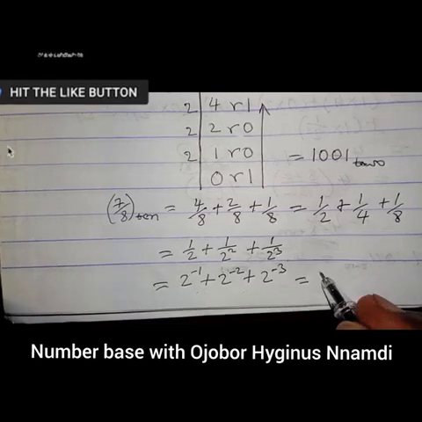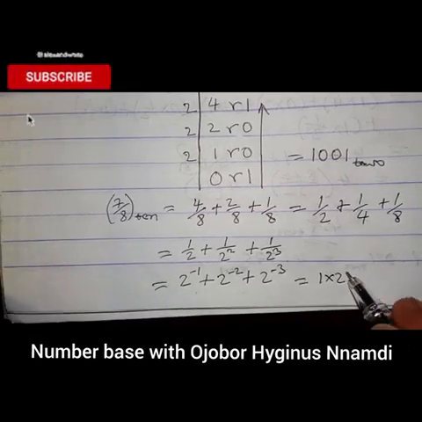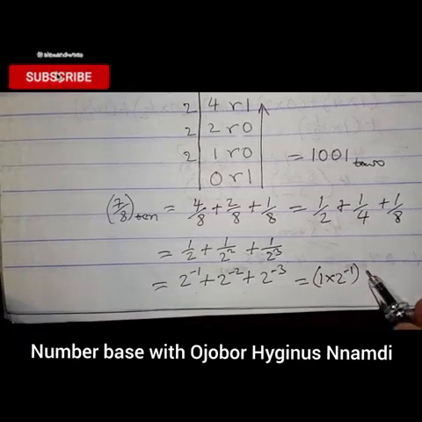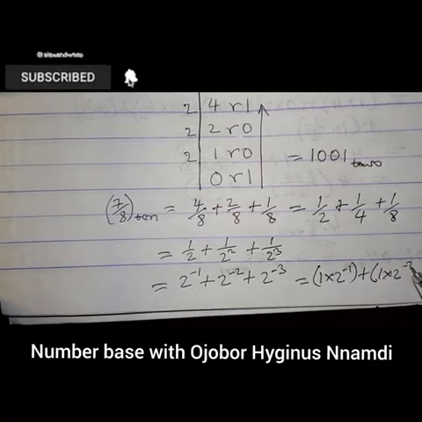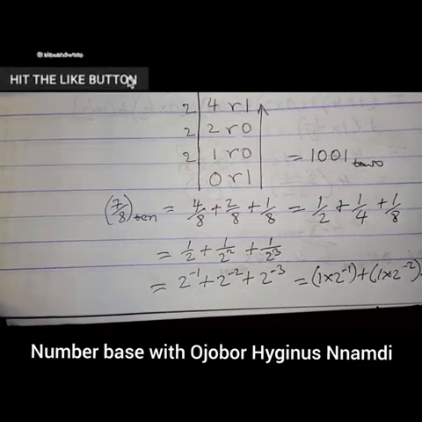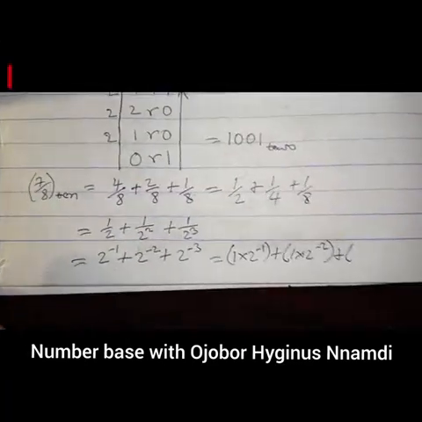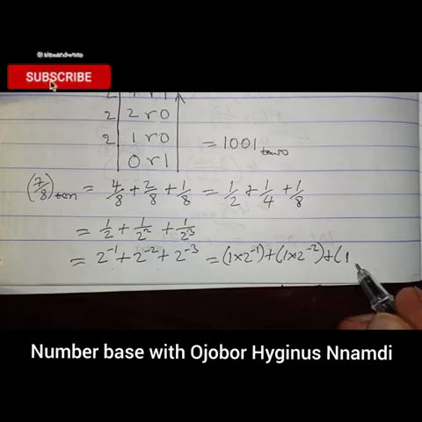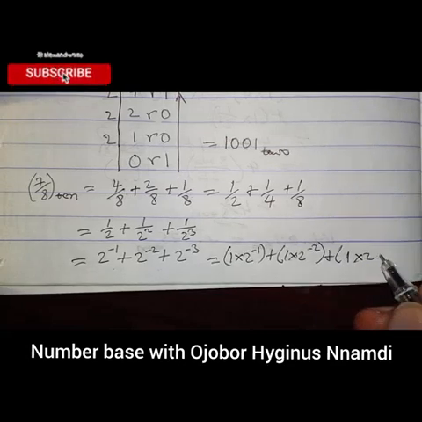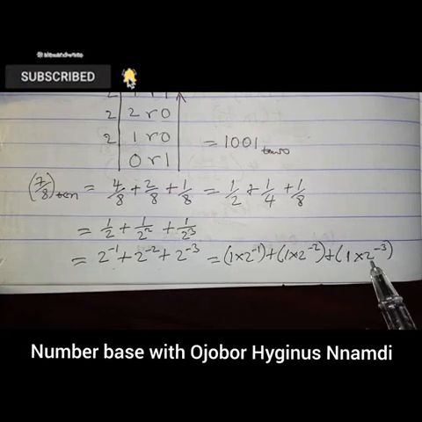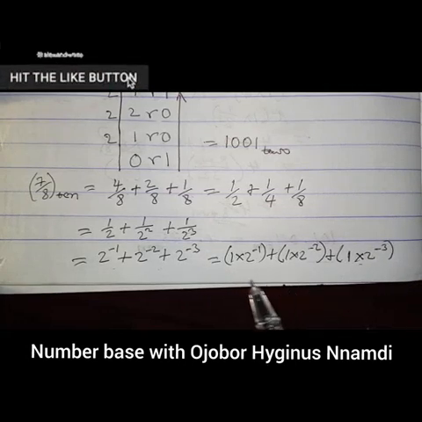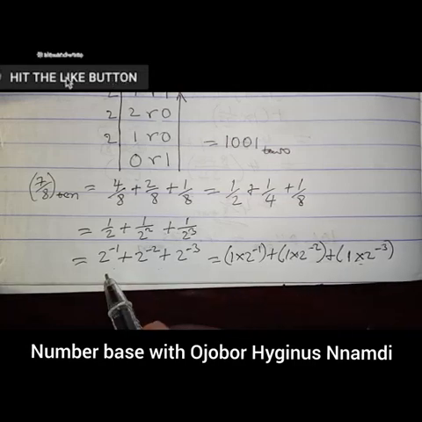This can be written as 1 times 2 raised to the power minus 1, plus 1 times 2 raised to the power minus 2, plus 1 times 2 raised to the power minus 3. And from what we have here, this is the same as this, because 1 times this number will still remain what it is.